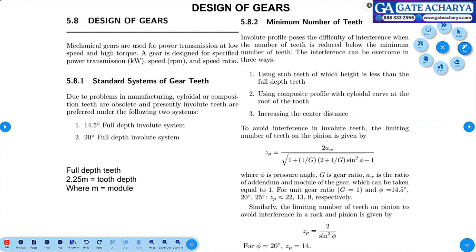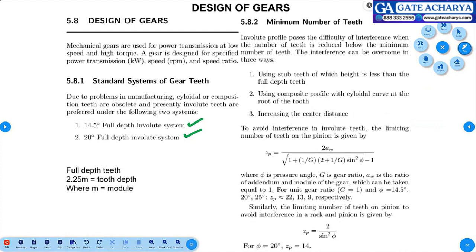So you take two circles and engage them and see. You will find that only at two places, 14.5 degree and 20 degree, the grip will be comfortable, power transmission will be maximum, with less wear and tear and low vibration.